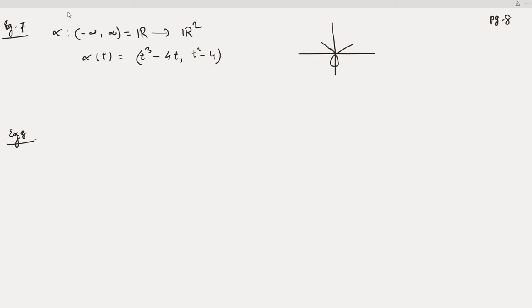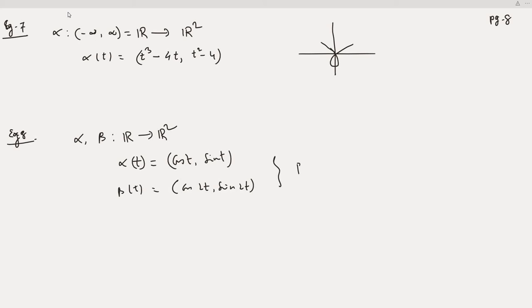Consider alpha, beta from, let's say, R to R2. These are also plane curves defined by alpha of t equal to (cos t, sin t), and beta of t equal to (cos 2t, sin 2t).